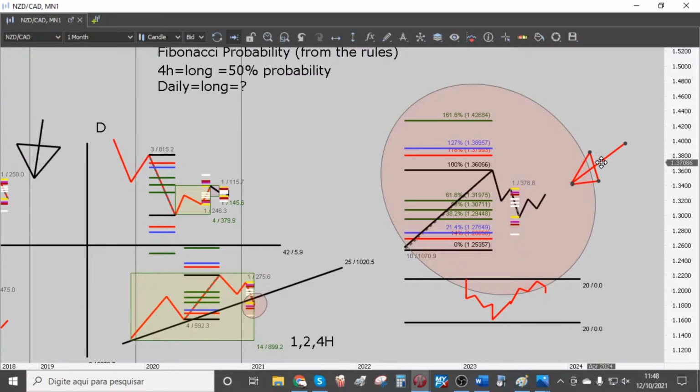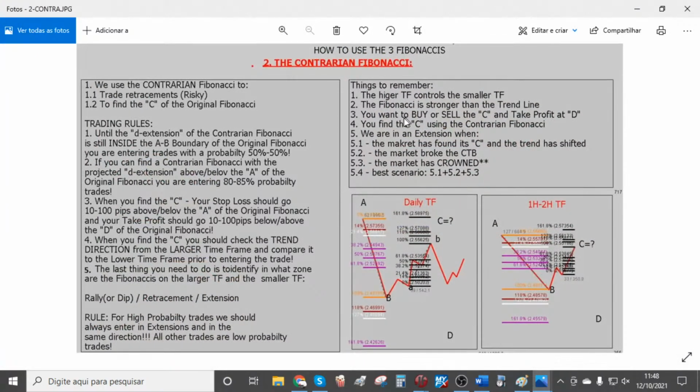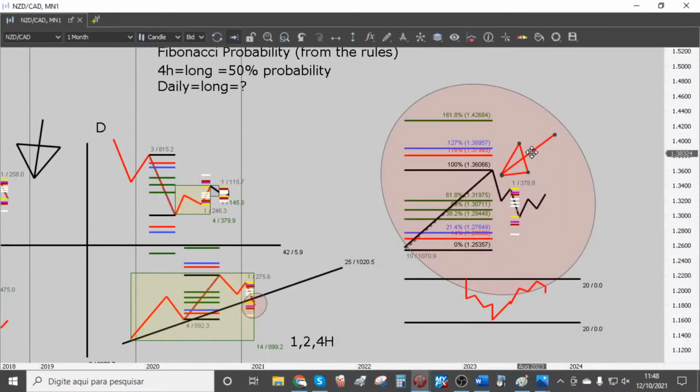So, logically, trading the original Fibonacci is up and the market changed trend direction. Remember the picture? 5.1. We are in an extension when the market has found its C and the trend has shifted. Has the trend shifted in here?